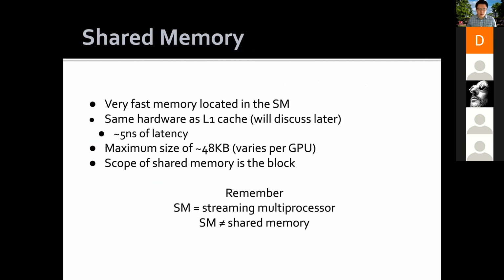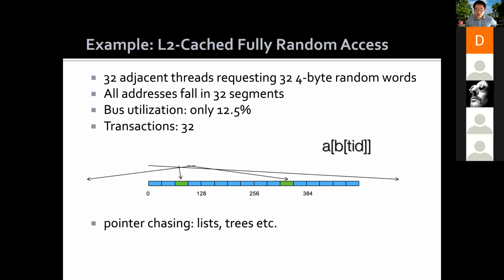Okay, and so the next thing is shared memory. What we have mentioned here is for global memory, so pay attention to that: we access the data in the global memory. I remember I mentioned what a global memory is and what a shared memory is. Generally speaking, the global memory can be accessed by all the streaming multiprocessors, but the shared memory is only owned by one streaming multiprocessor.